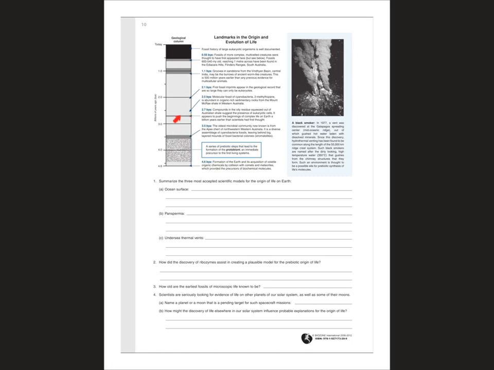So eukaryotic cells probably started about a billion years later, right? Close to a billion years later, 2.7 billion years ago. So then when we look at where complex fossils of multicellular creatures are found, that's 0.55 billion years ago.